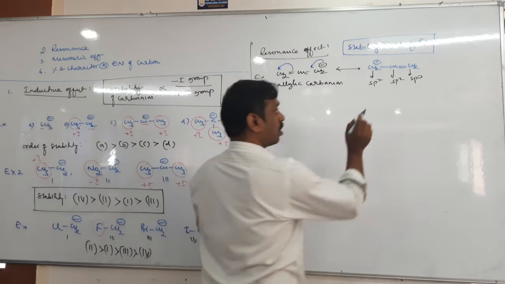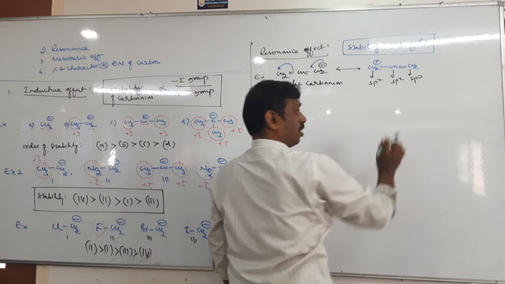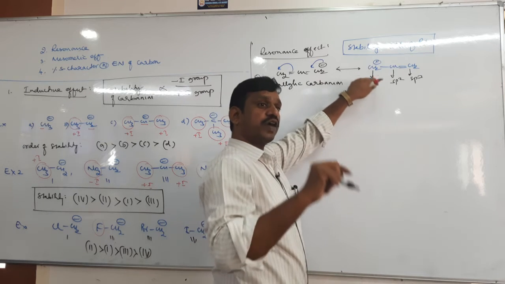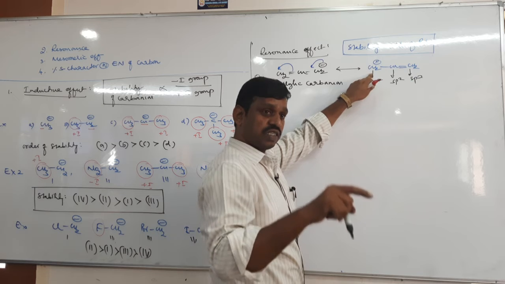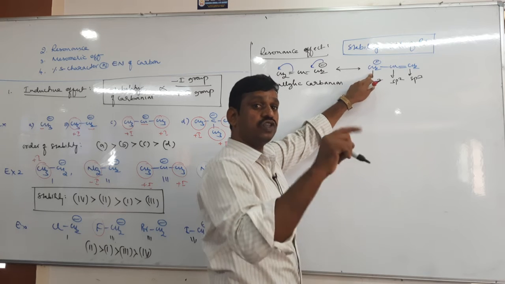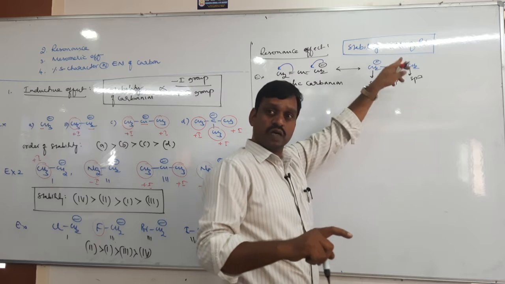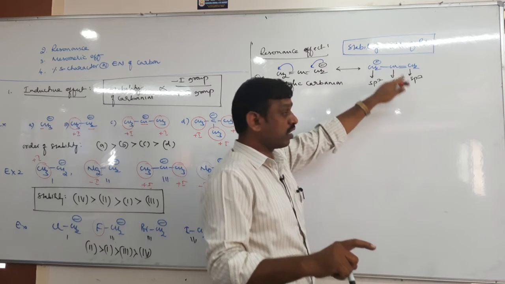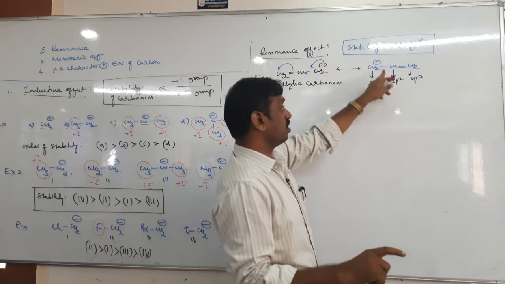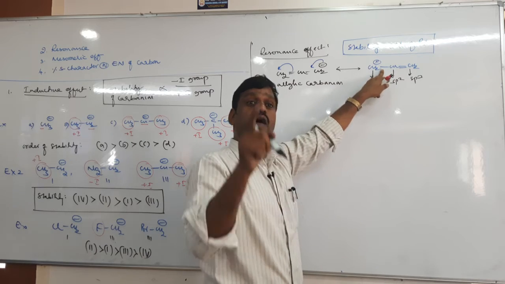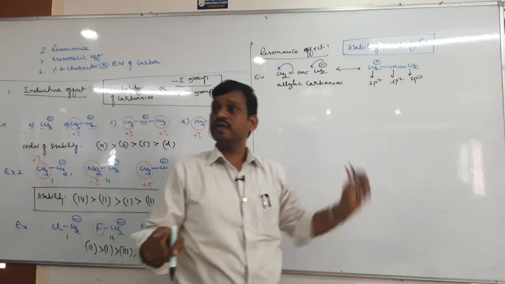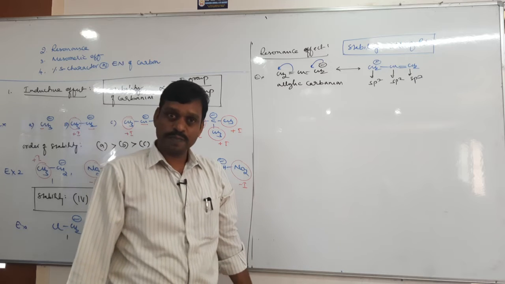See, there is one important statement. Negative charge in case of carbanion, if the negative charge is present adjacent to the conjugation, or the negative charge lone pair is in conjugation with a pi bond, then this negative charge should not be involved in hybridization when it is involved in resonance.